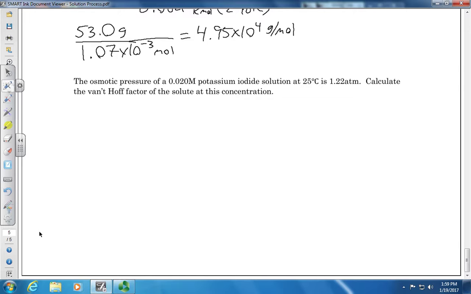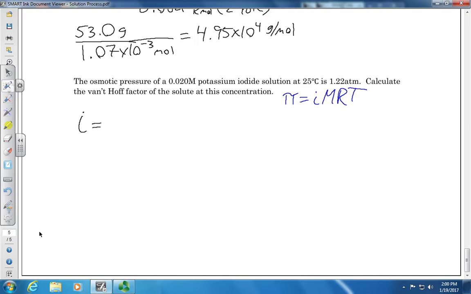Now, recall earlier in the video, I stated that there is a variant on our osmotic pressure equation, and that variant includes the Van't Hoff factor. Oftentimes we don't have to include it, but sometimes we do. Instead of pi is equal to MRT, it's pi is equal to iMRT. So we simply solve for i, which is our Van't Hoff factor.